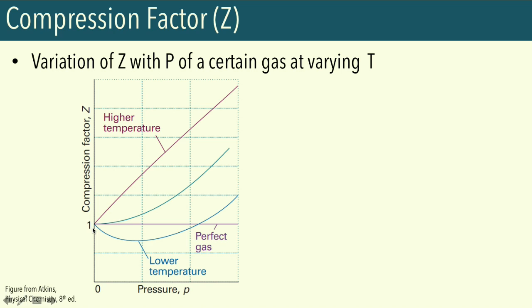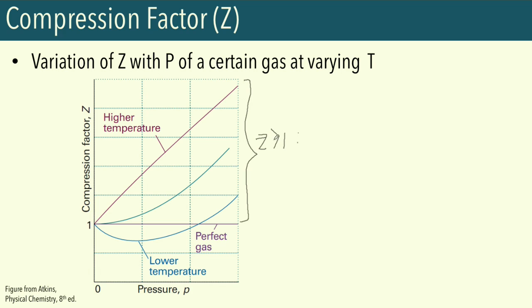However, for real gases, it's going to vary based on the temperature. So let's look at this plot over here. This is our marker of our value of 1. If Z is greater than 1, which corresponds to this part of the plot here, what do we know about the forces that are dominant?